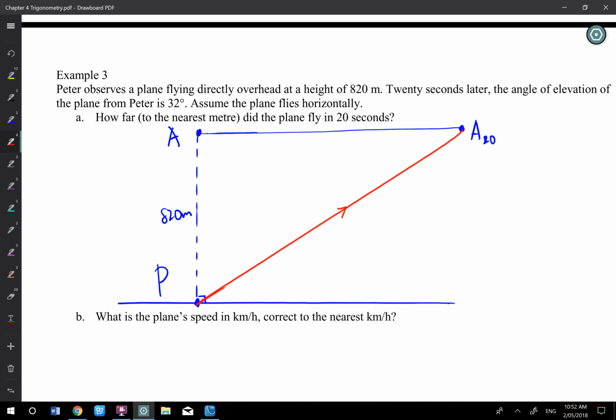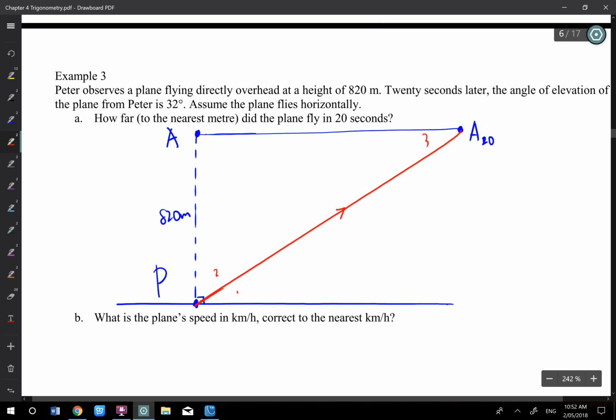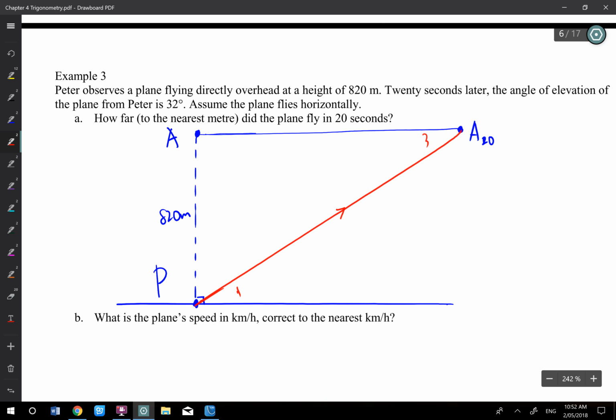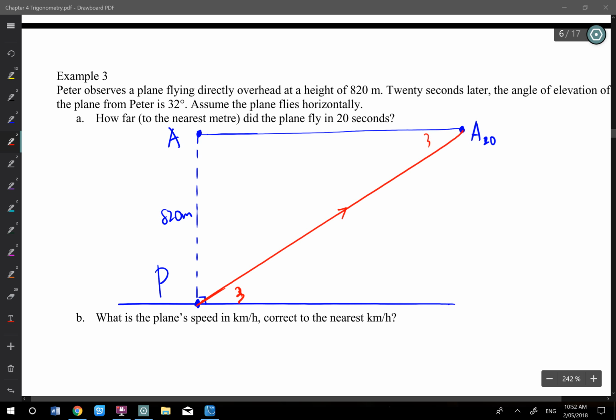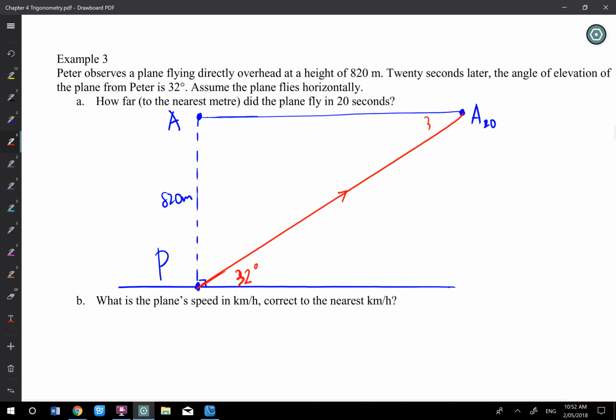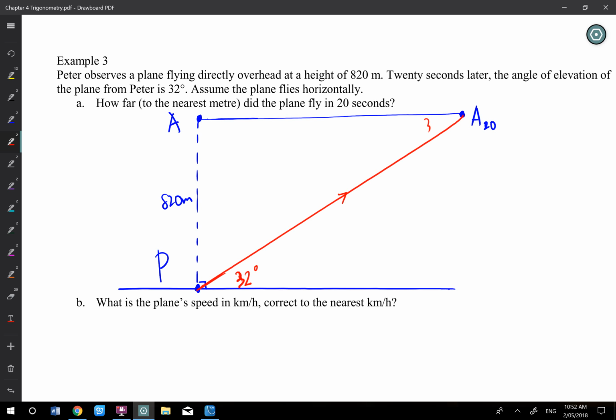Which angle is 32 degrees? Let's say angles 1, 2, 3. Angle 1 is 32 degrees, or 3 is 32 degrees as well, because of alternate angles with the horizontal line. So I'll say this angle is 32 degrees. That's the angle of elevation made with the horizontal, not vertical.